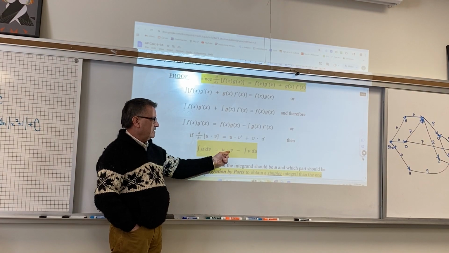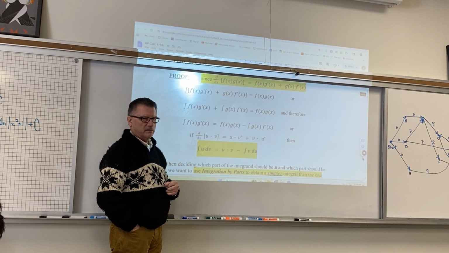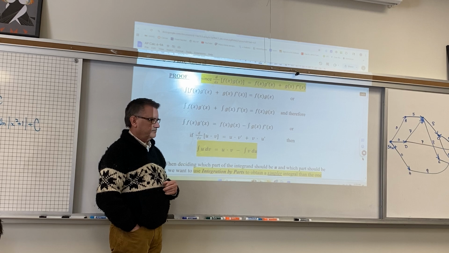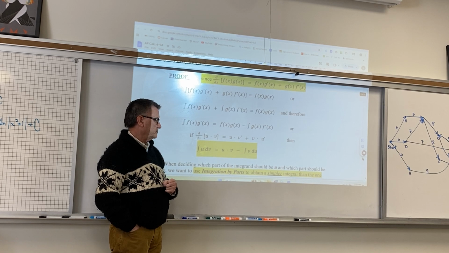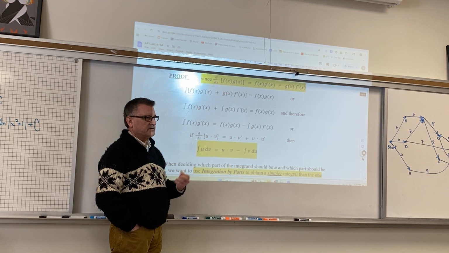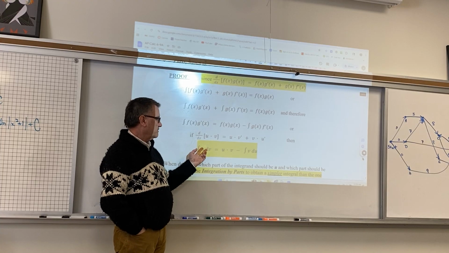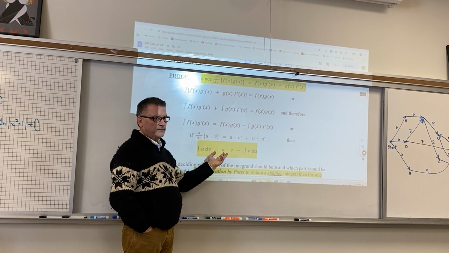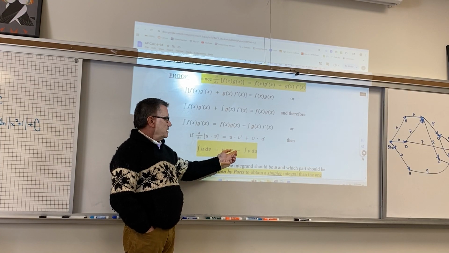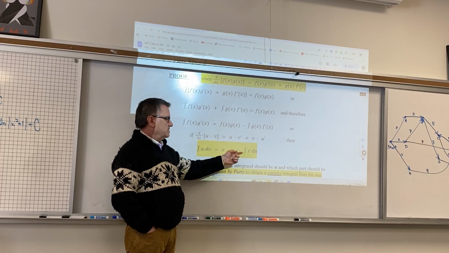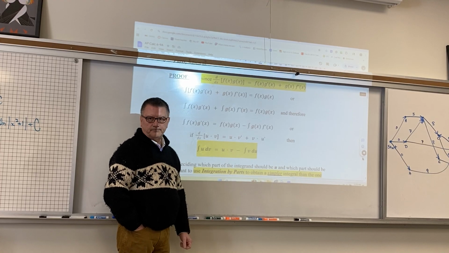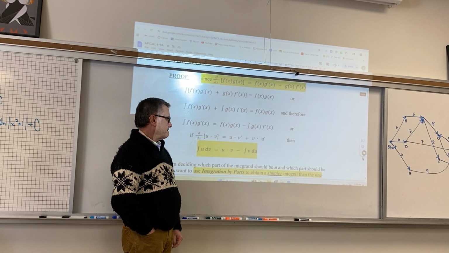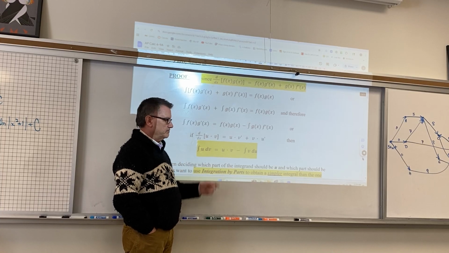It'll be u times v minus the integral of v du. So I'll have to take the integral. So the integral of this thing is going to be u times v. Well, we'll figure out what u and v are. Minus, oh, here's where the integral comes in. Integral of v du. The opposite of what I've got right there.